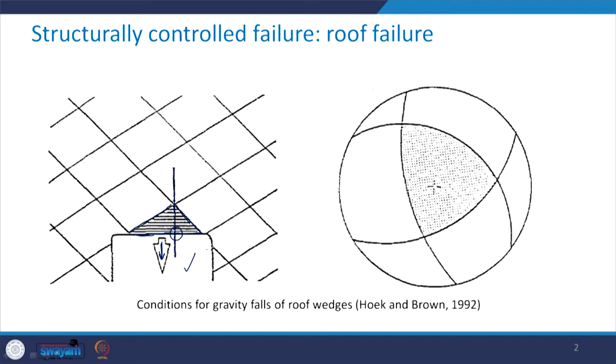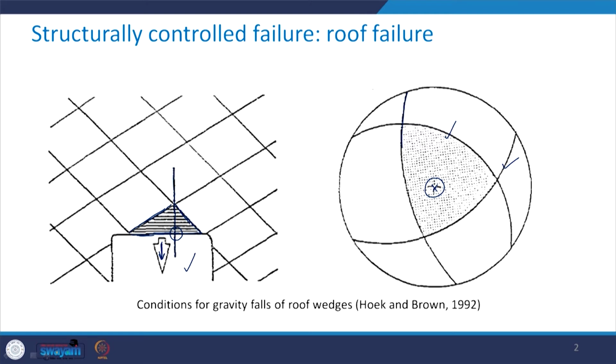And how the stereo plot can help us in identifying this situation is that we draw these three great circles, first, second and the third great circle, which are representing these discontinuity planes, and then the center of this net is representing this apex.